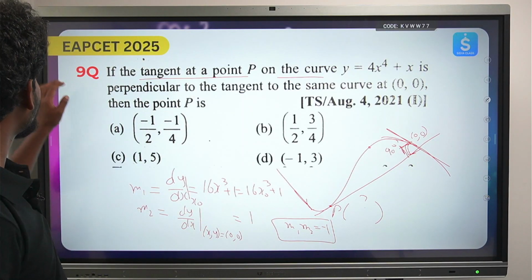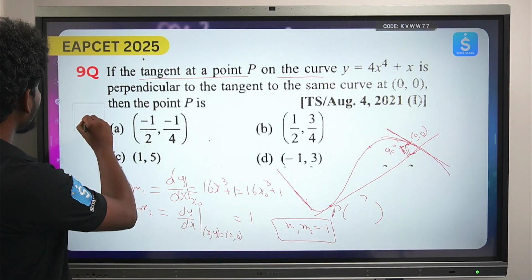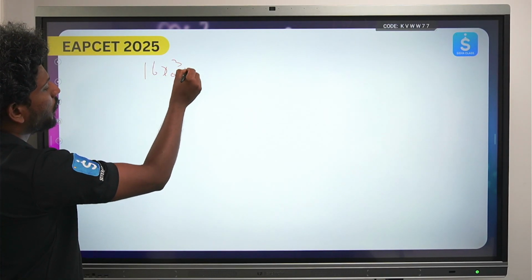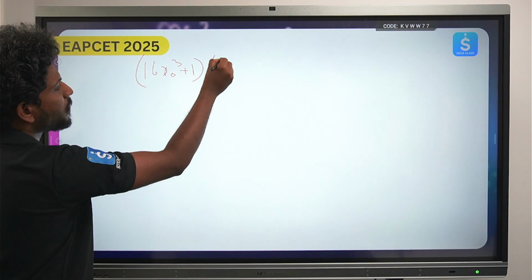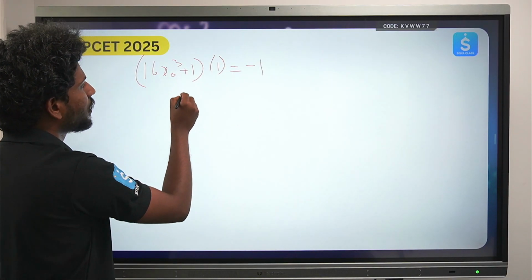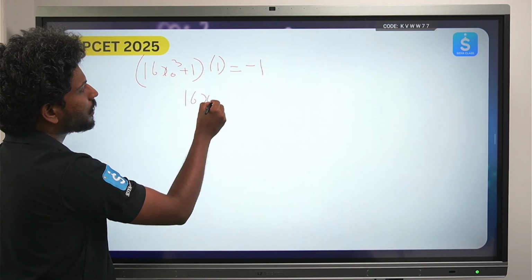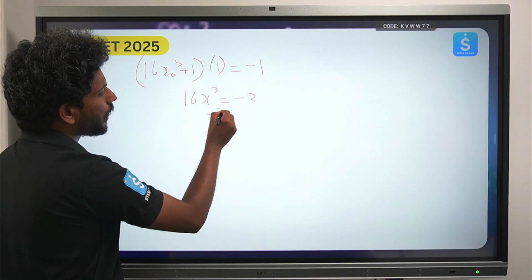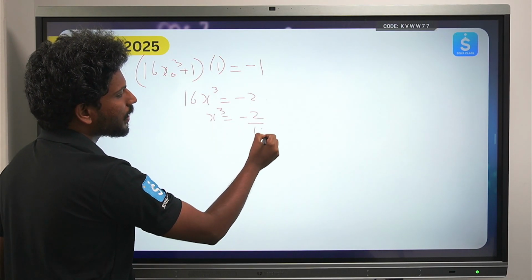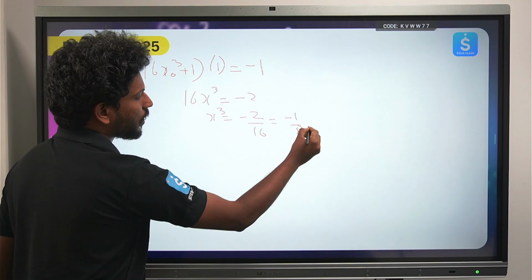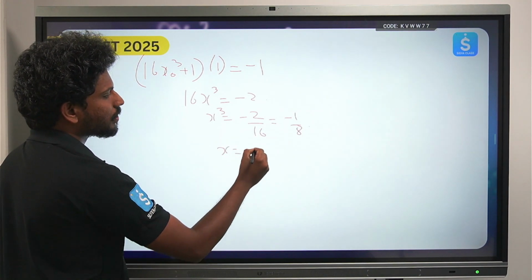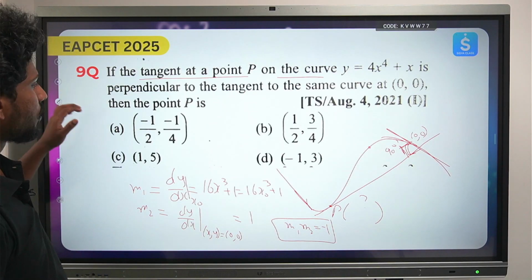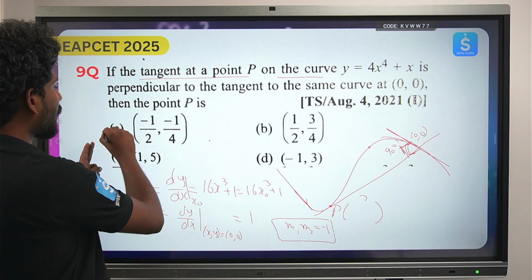So (16x naught cube plus 1) into 1 equals minus 1. So 16x cube equals minus 2, so x cube equals minus 2 by 16, which is minus 1 by 8. So x equals minus 1 by 2. Wherever we have x equals minus 1 by 2, that is the answer.